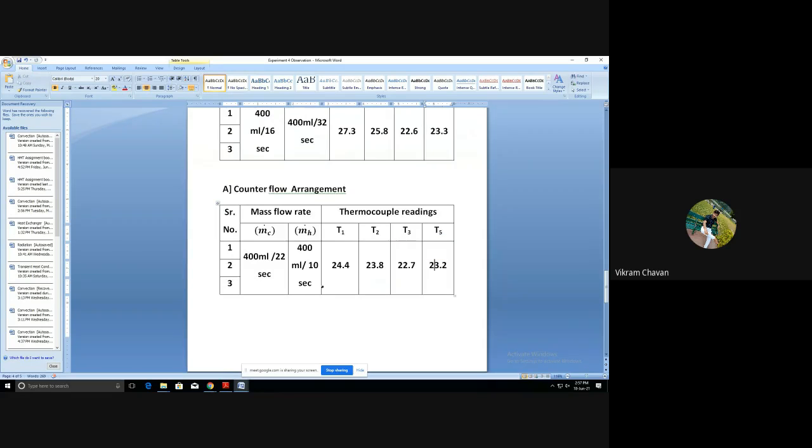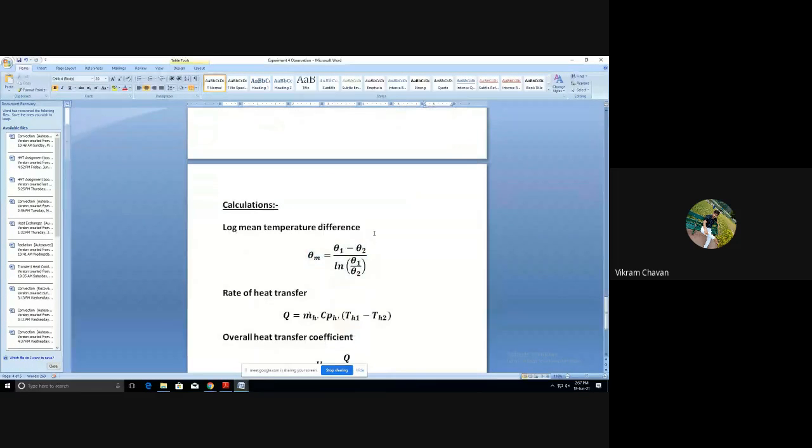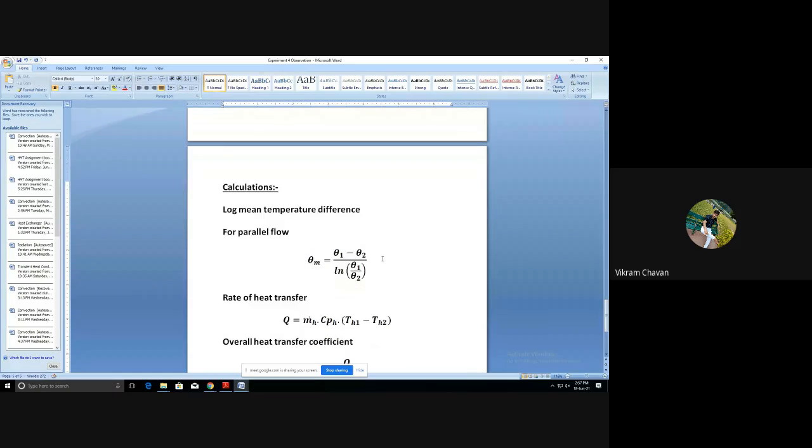So these are the readings. First of all we have to calculate the log mean temperature for parallel flow. Log mean temperature for parallel flow is equal to theta 1 minus theta 2 whole divided by ln of theta 1 divided by theta 2.